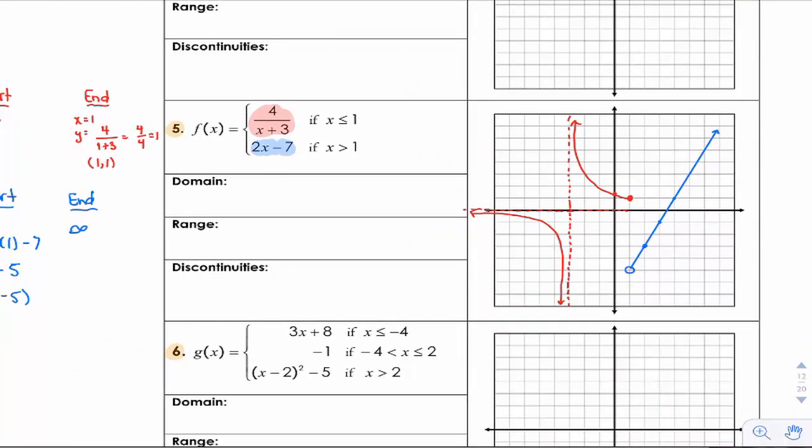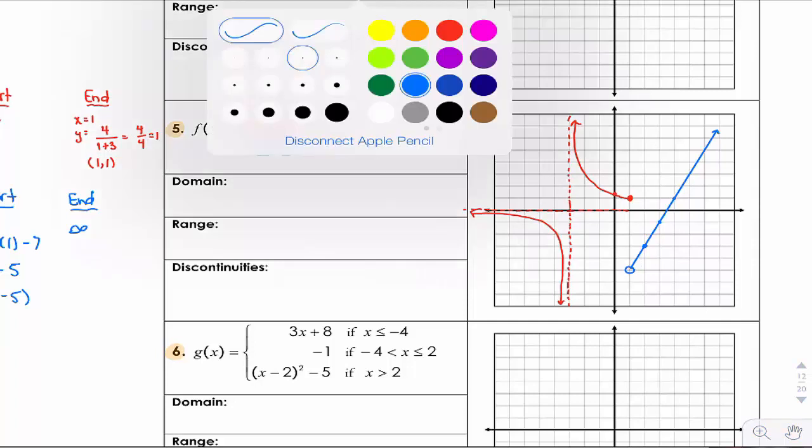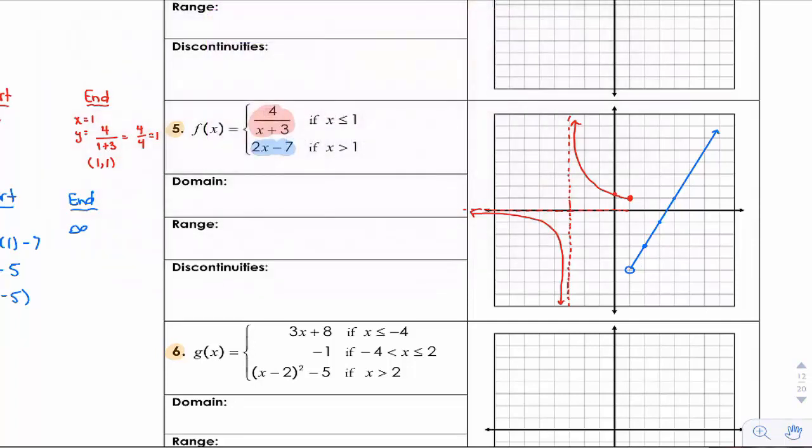So as I go ahead and label all this, I'm going to start with my domain. So my domain in this case is going to start at negative infinity. We do jump over that vertical asymptote, so I'm going to jump over the point negative 3. Then I'm going to go from negative 3, and notice there is a jump discontinuity right here, but if you really look at the actual domain, it doesn't really skip a point.